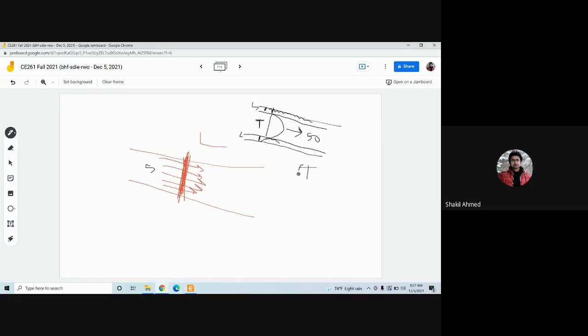So in case of turbulent flow, the laminar layer exists only near the wall, but in laminar flow, the laminar flow occurs throughout the body of the fluid. But here, no, not throughout the body, only here and here. Here, this is turbulent flow.